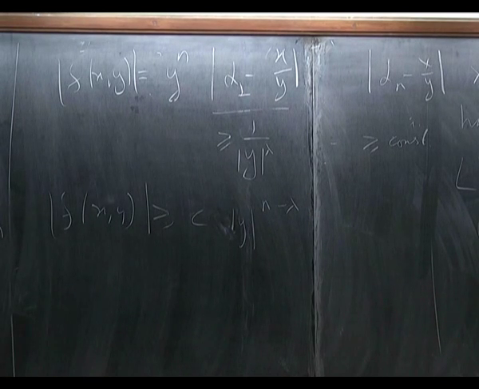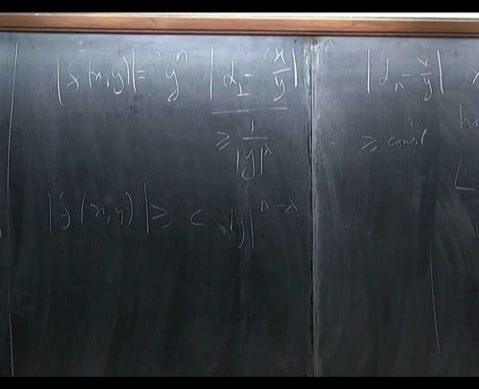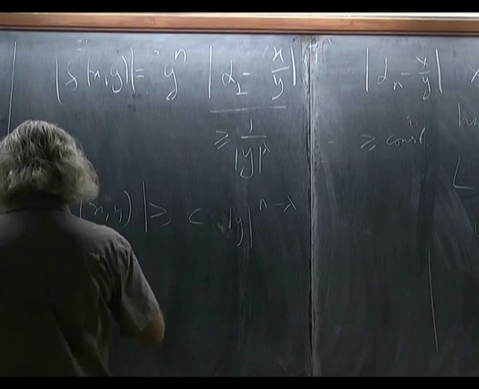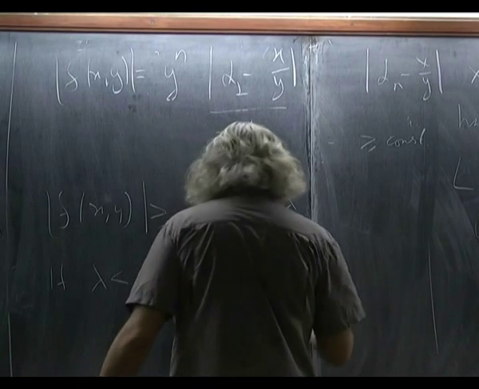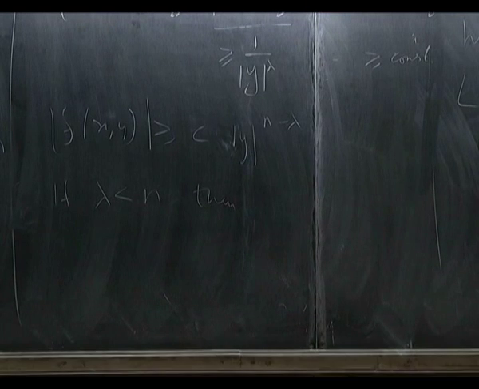And again, if we manage to do it with lambda smaller than n, then the Thue equation has finitely many solutions.